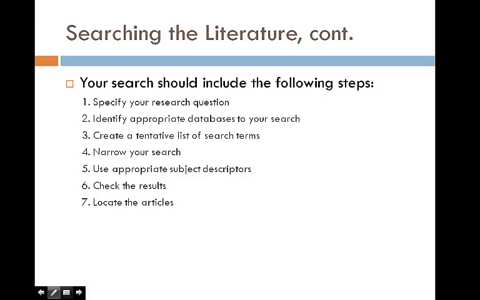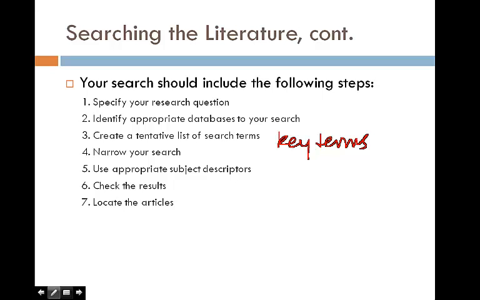Use that to search our research question. Number 3, create a tentative list of search terms. Here we refer to the key terms, for example, social media, relationship, self-esteem, and so on and so forth.